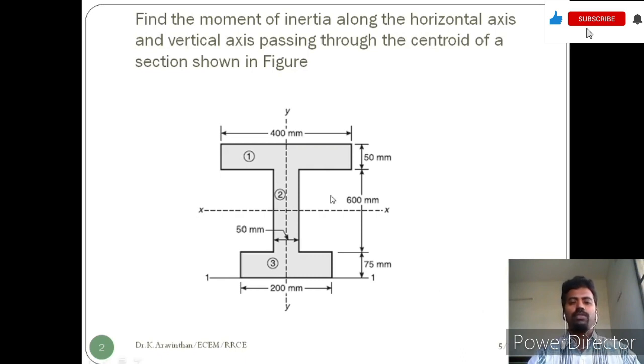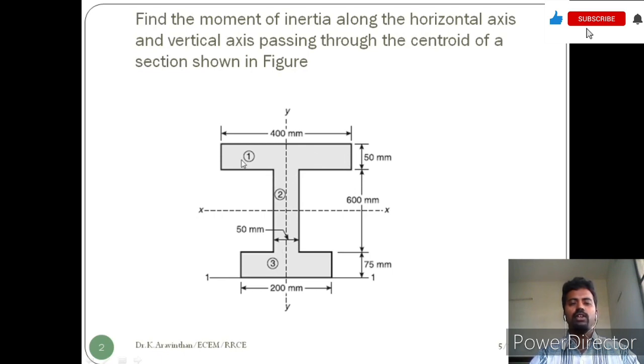To determine the moment of inertia, first we have to identify the center of gravity of the section. So this is an I section. You are having 3 rectangles, so we can split it into 3 components: rectangle 1, rectangle 2 and rectangle 3.